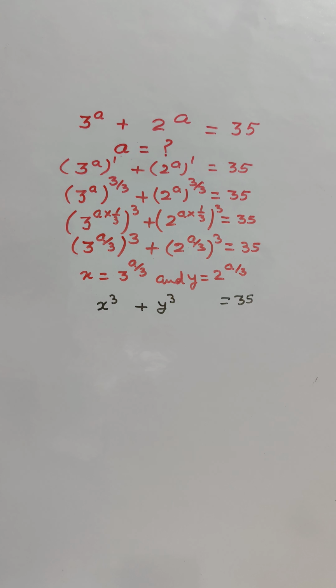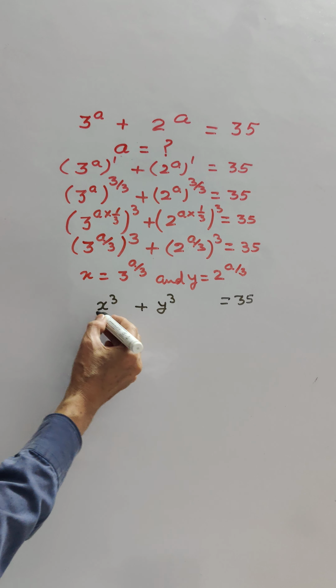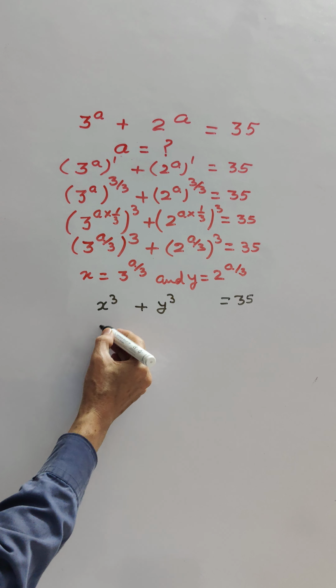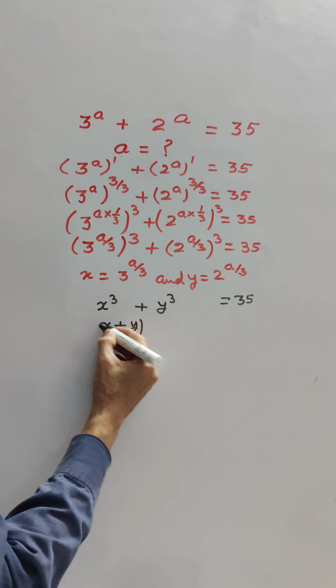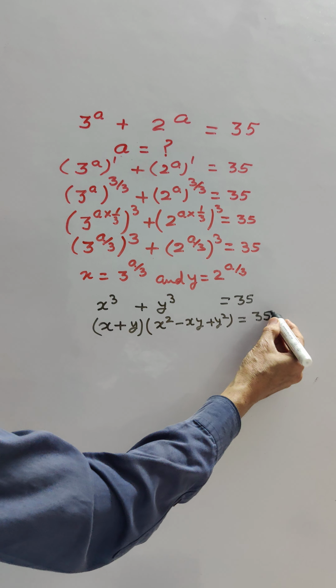And we have x cube plus y cube can be written as a cube plus b cube, means that (x plus y) within another bracket (x square minus xy plus y square) is equal to 35.